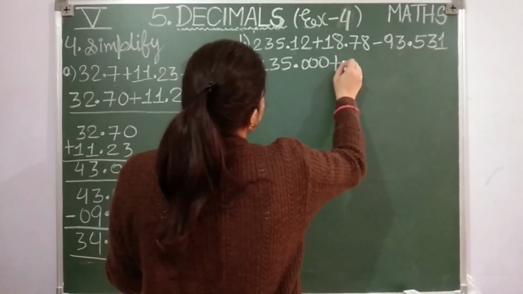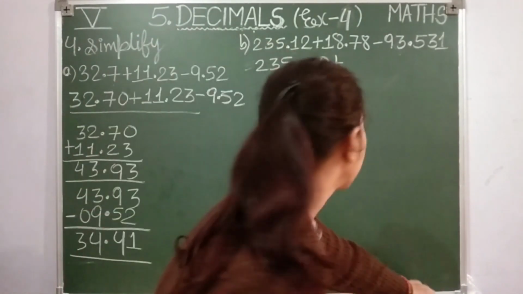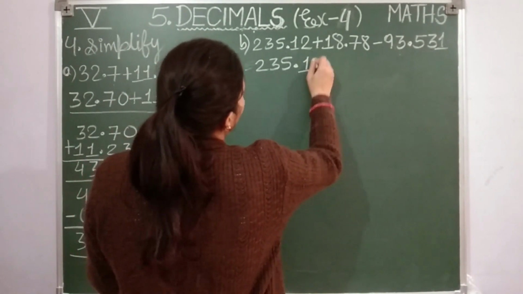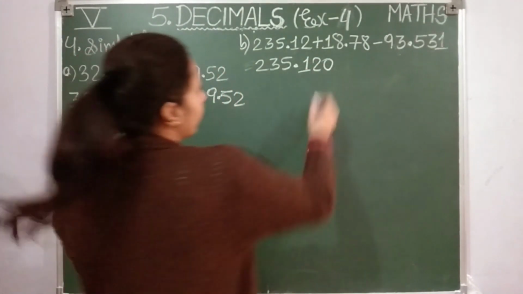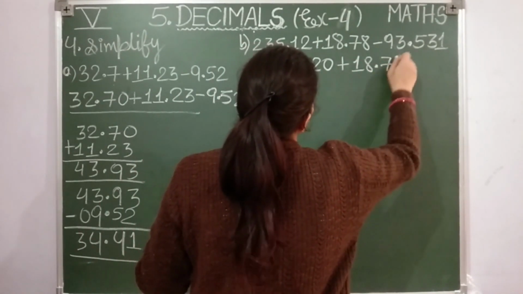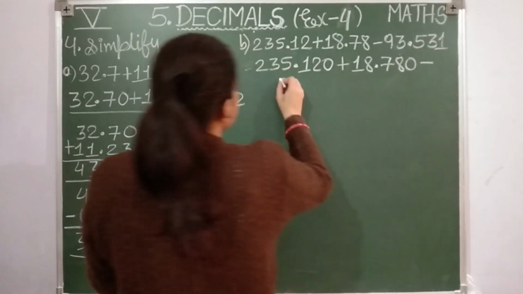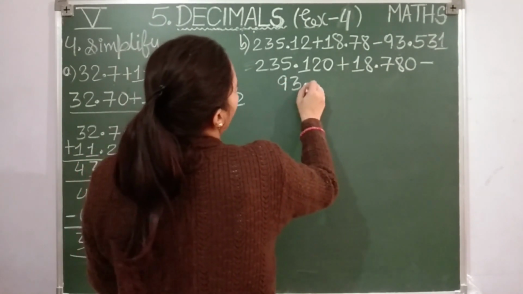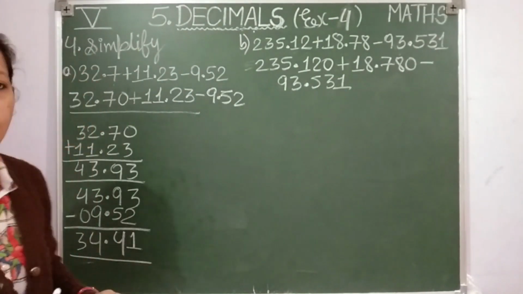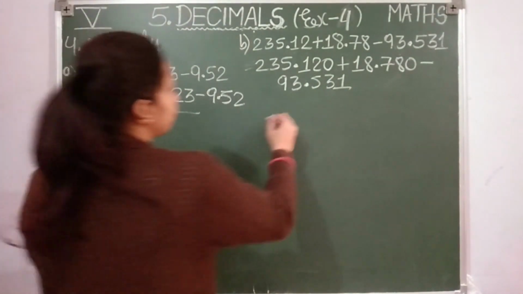Then again, sorry, here 12 is already given, no? So 235.120. Clear? Then plus 18.780 minus 93.531. Now you can see the numbers are like decimals. Now let us solve.